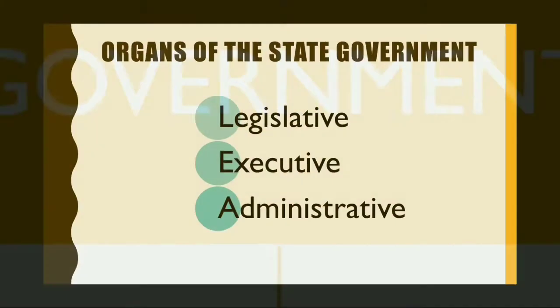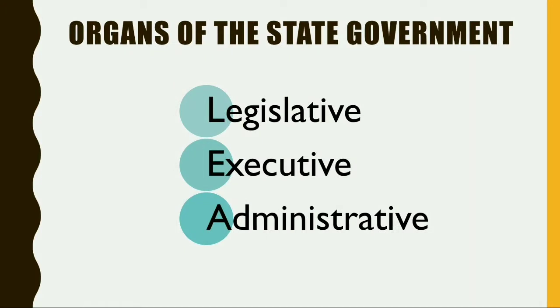Now moving on to the organs of the state government. Government at all levels organizes its work under 3 broad heads. These are the legislature, which makes all the laws. Second is the executive, which implements the laws.